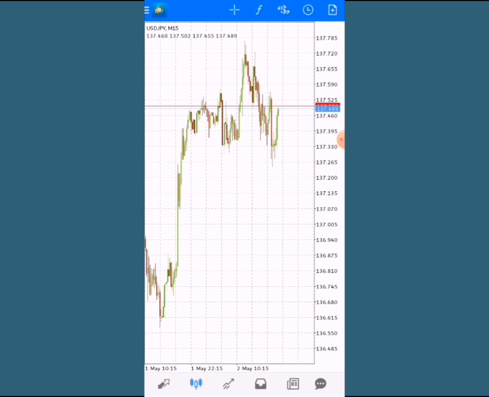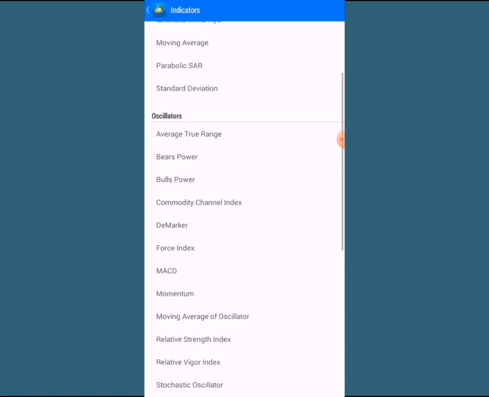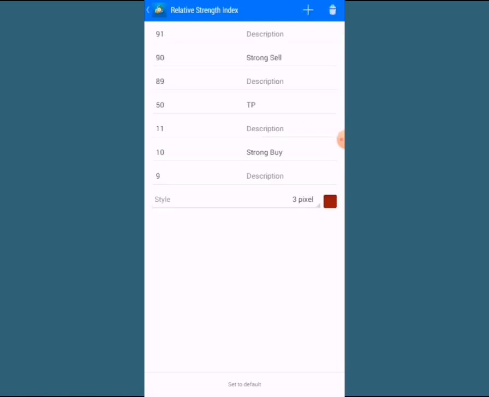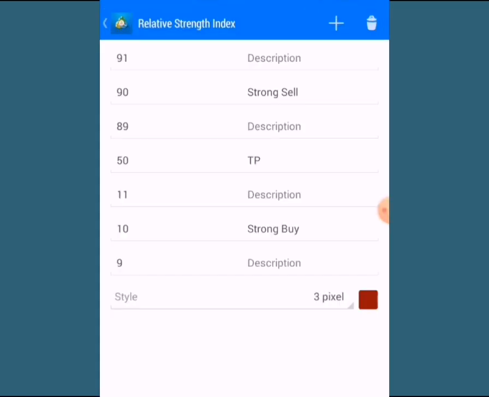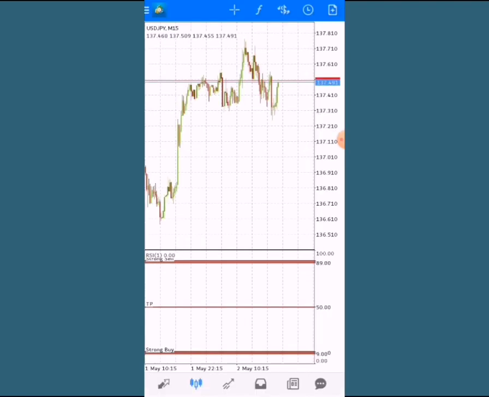You come to this F button, and then you are going to add the RSI, the relative strength index. You need level 91, level 90, level 89. Just add these levels, you copy them, and then you go back once, period 1, apply to close. Okay, and then you click done.